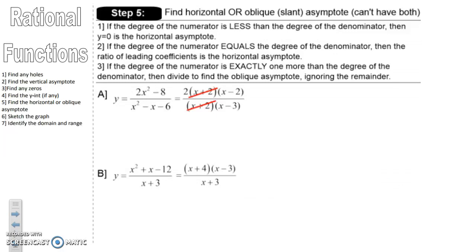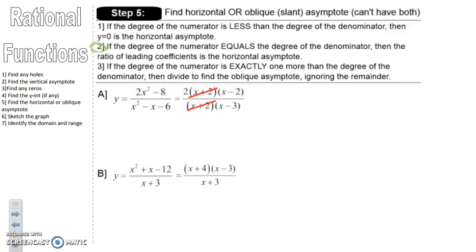So let's go ahead and look at example A. I am checking for the difference of the degrees. Well, I have a quadratic over a quadratic. The degree of the numerator equals the degree of the denominator. This is the case that we're looking at for part A. In that case, the ratio of leading coefficients is the horizontal asymptote.